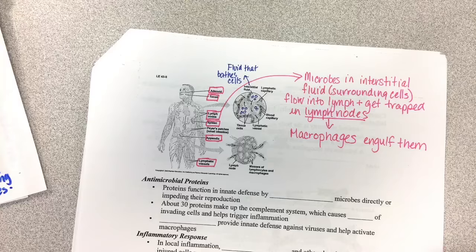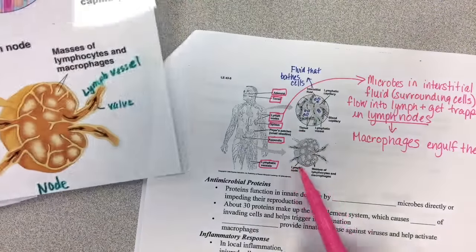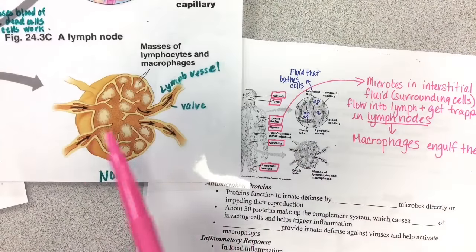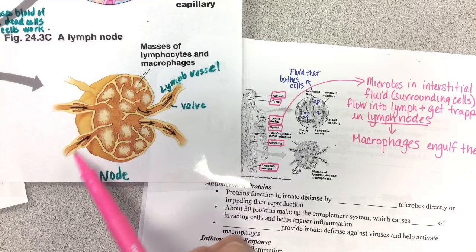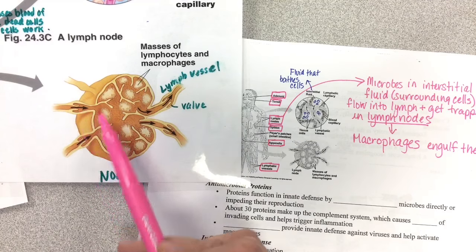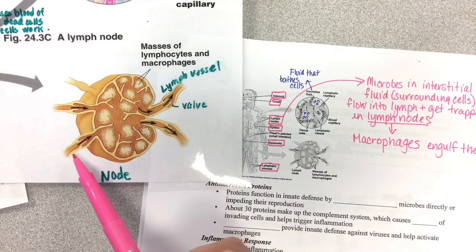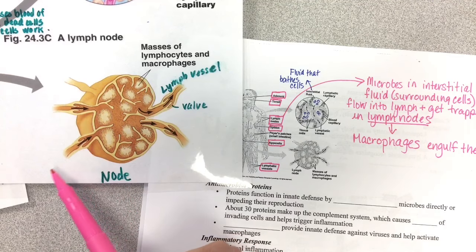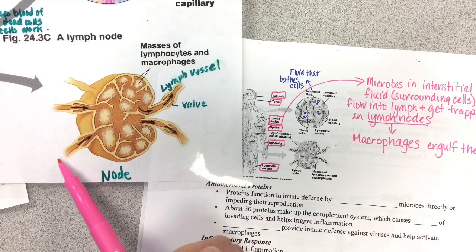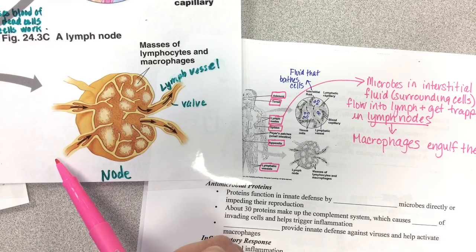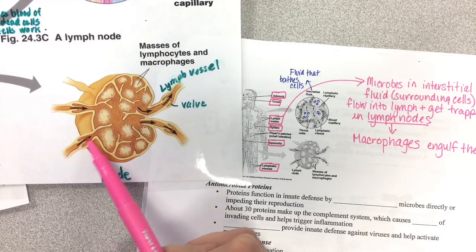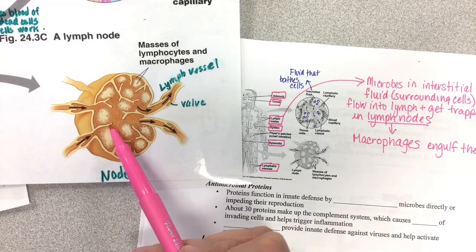And so we can see in this picture down here, here are the lymphatic vessels, and that lymph flows in. There are these valves. Notice there are these valves right here. They're like swinging doors. When pressure gets put on the swinging doors, they only swing in one direction, and that's this direction. That's why the lymph won't go back out.